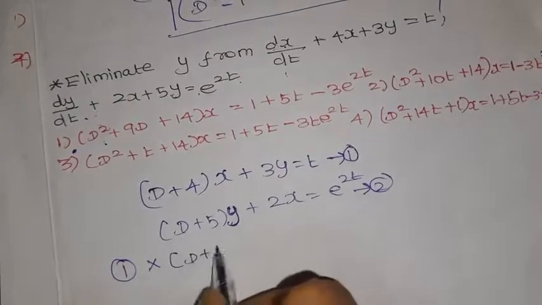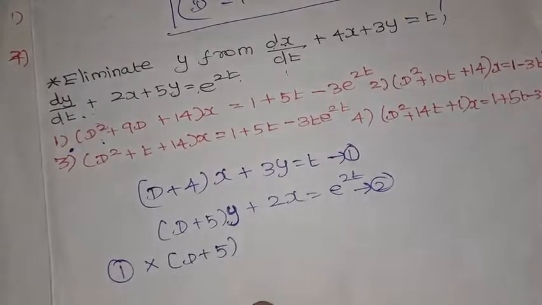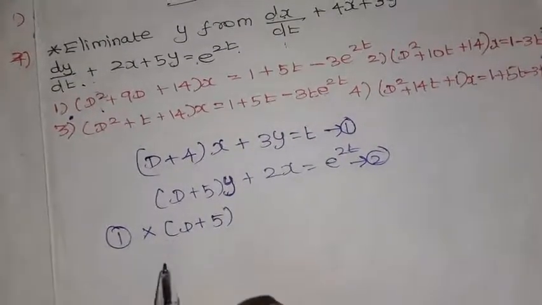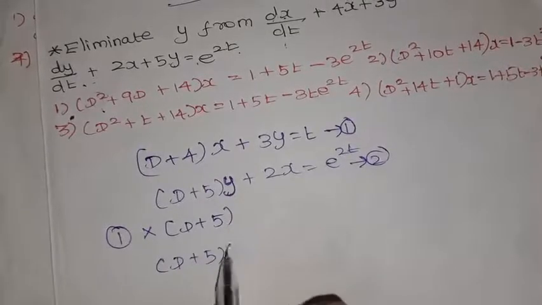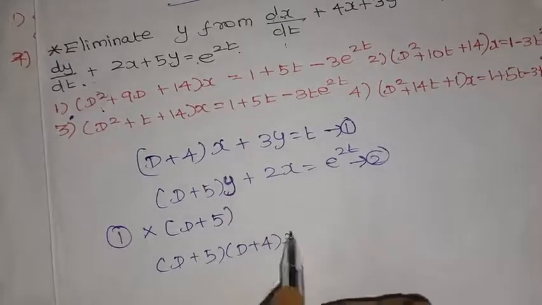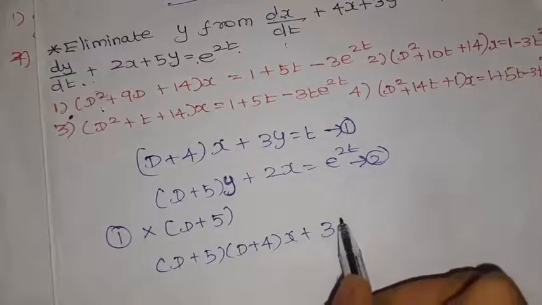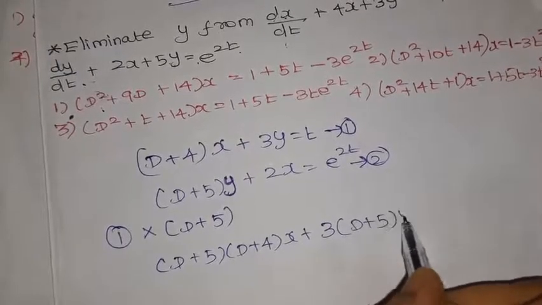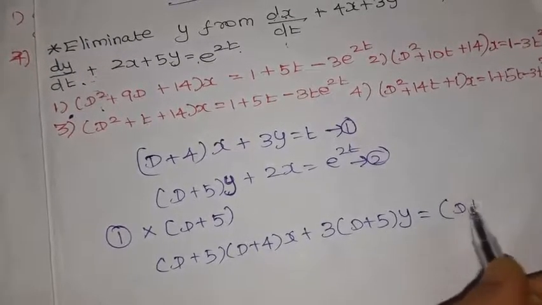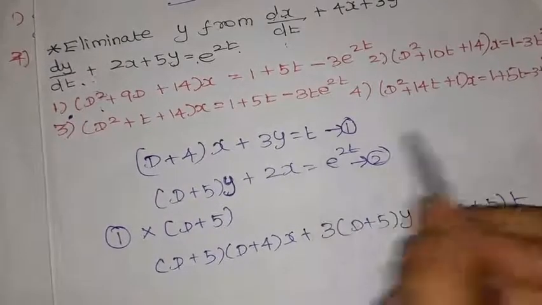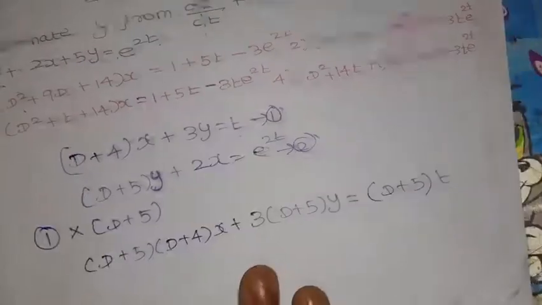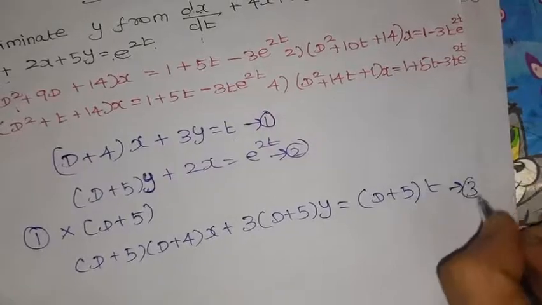What will we get? (D plus 5)(D plus 4) into x plus 3(D plus 5) into y equal to (D plus 5) into t on the right hand side. Say it is equation 3.